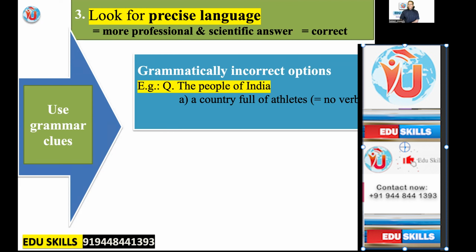So for grammatically incorrect options, for example, one option says the people of India, or a country full of athletes. There is no verb here. You cannot make a sentence with the people of India, a country full of athletes. You cannot make a sentence.